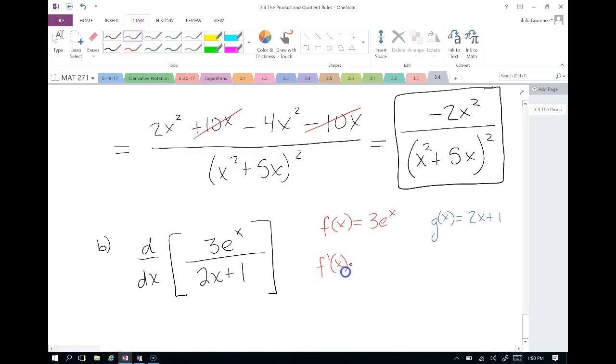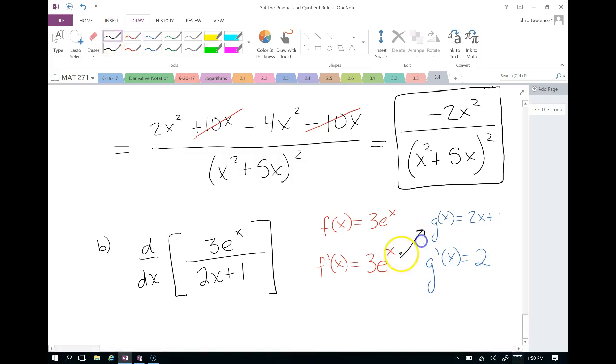In order to reassemble our derivative, we need each of these individual derivatives. 3 is just a coefficient. It'll just transfer to the answer. The derivative for e to the x is e to the x. And the derivative for 2x plus 1 is just 2, because that's a linear equation.